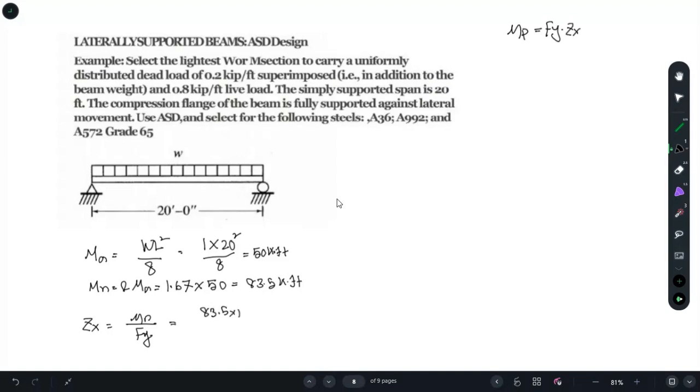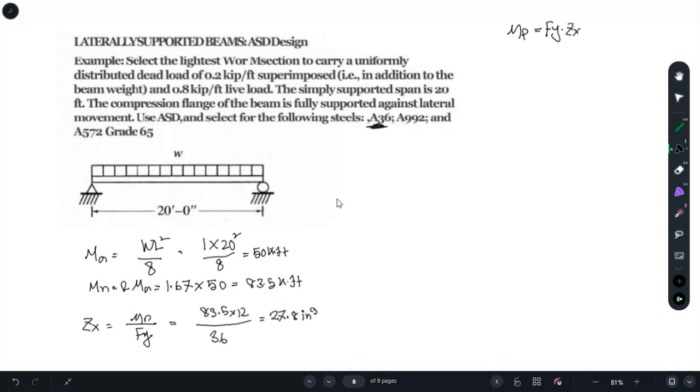We'll convert it in terms of inch because Fy is in ksi and we are using A36, so for that you have a value of 36. From there you will get a value of Zx as 27.8. It has a unit of cubic inch.